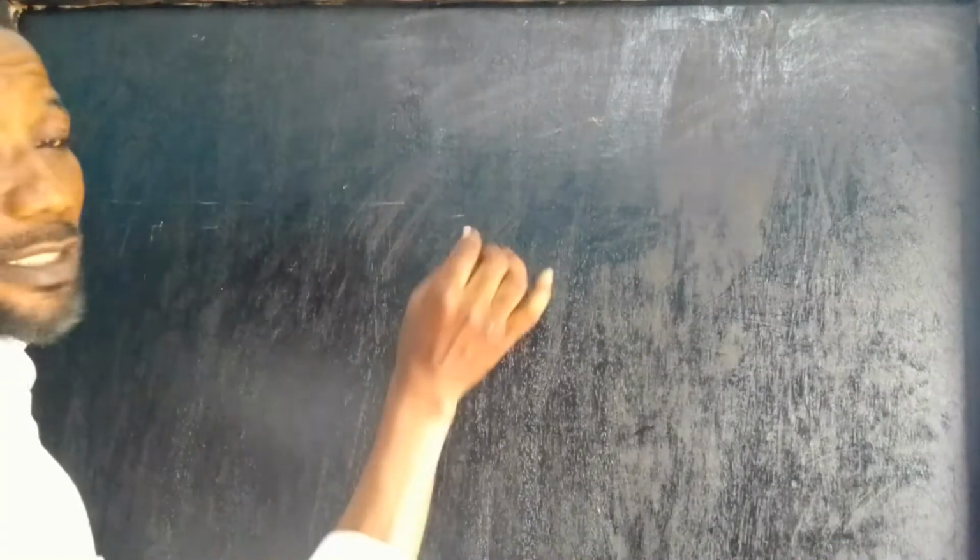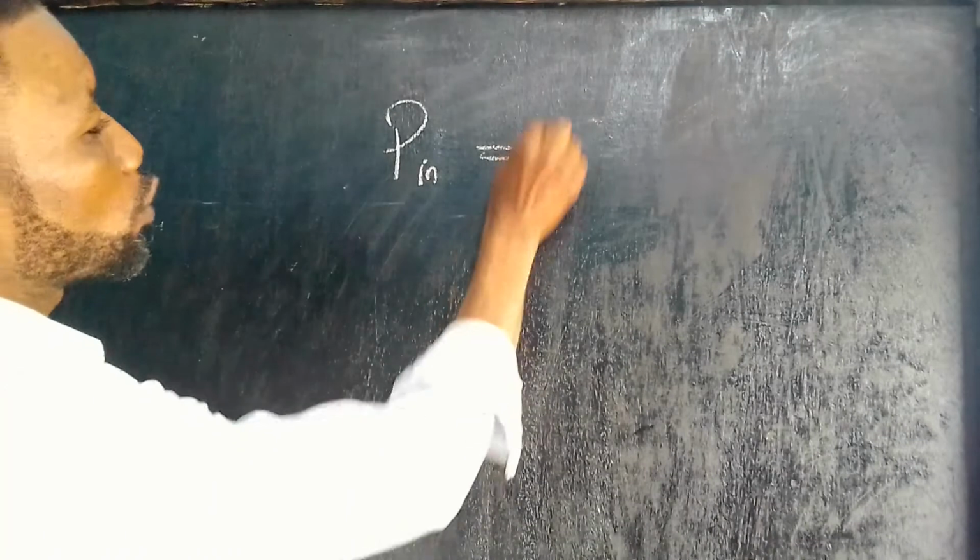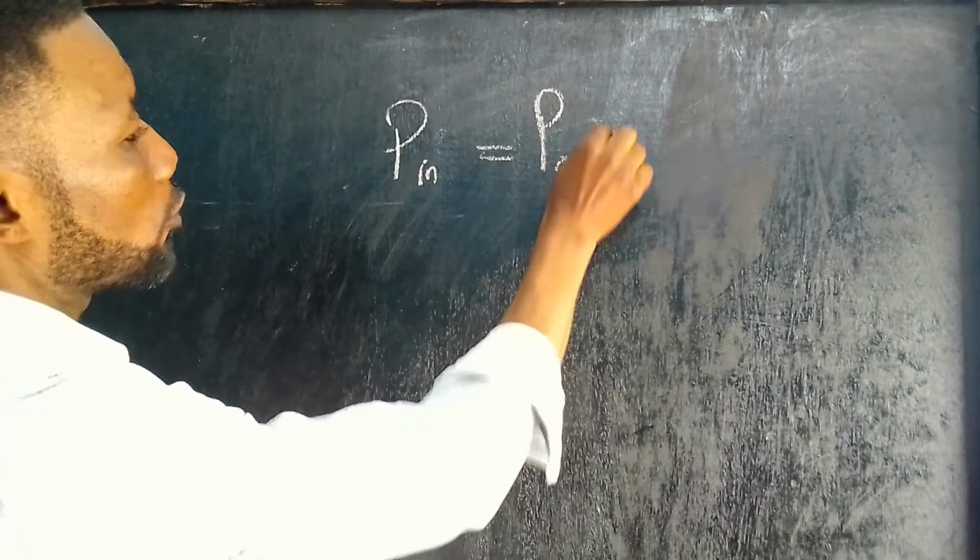Assuming the transformer is 100% efficient, calculate the amount of current that enters the socket. If the transformer is 100% efficient, then power input is equal to power output.